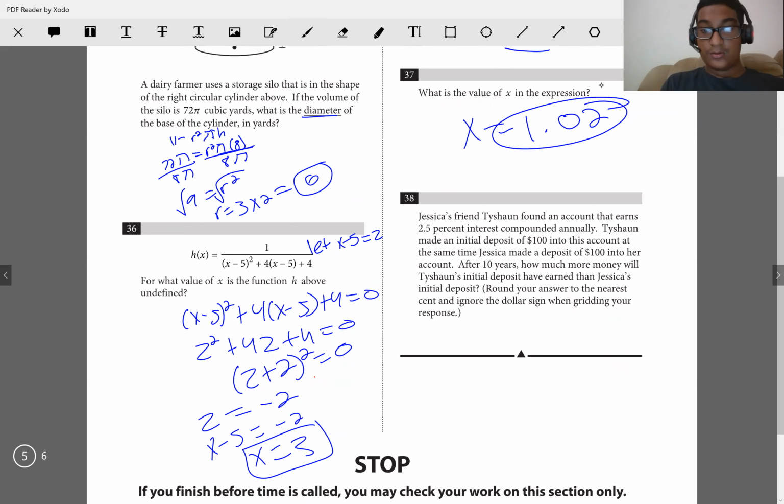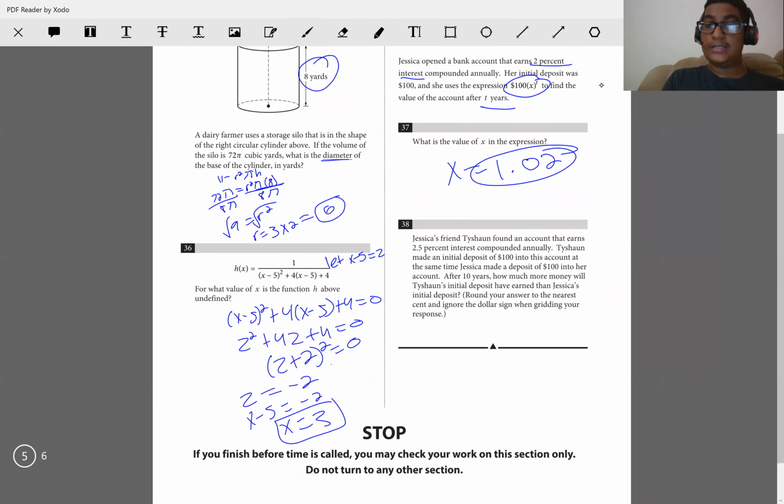So the best way to do this is to find out how much money they each have. If you want to find a difference, you can just plug one long equation into your calculator. We know Tyshawn makes more money, so we write Tyshawn's equation first. They both have $100, and x for him is 2.5% interest, so it's 1.025. t is equal to 10 here.